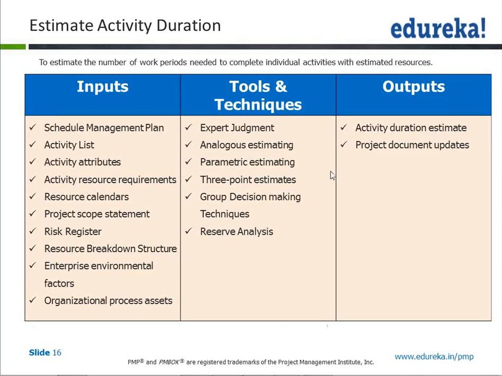For your examination purpose, even in Agile and everywhere, you will see that it is the team who should be doing the estimation. If the project manager is doing the estimation, then the buy-in of the team is not there. If the team says what they will take, the buy-in of the team is much higher. So estimation is not done by the project manager, it is actually done by the project team.